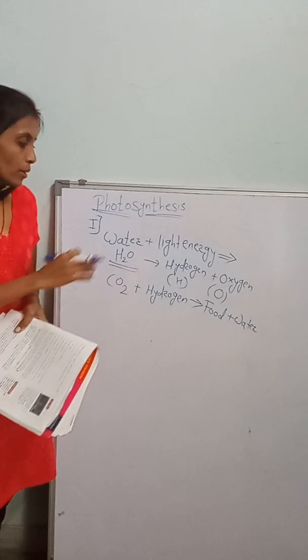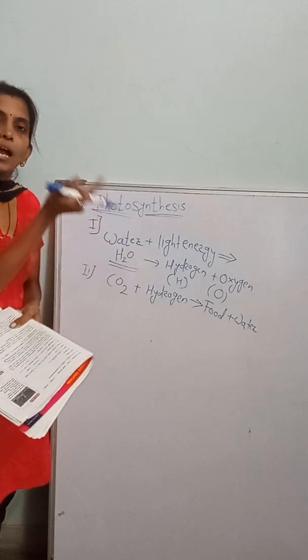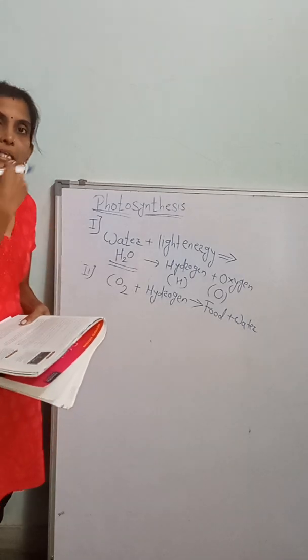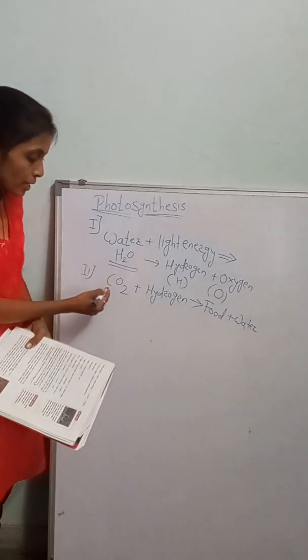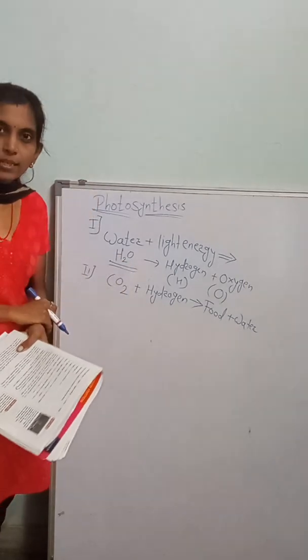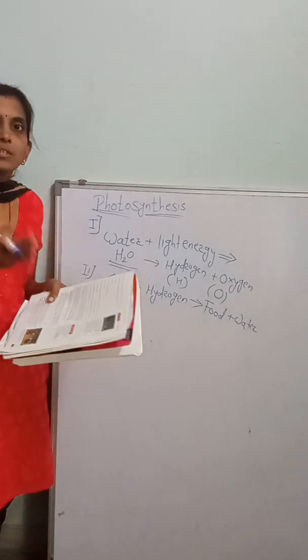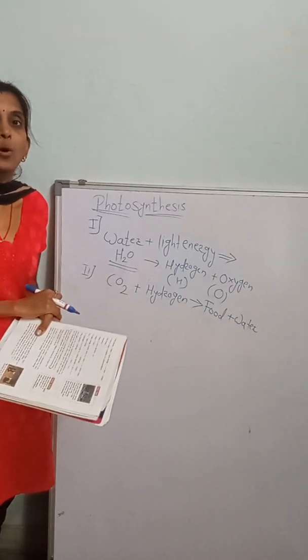In burning and respiration, oxygen is used up and carbon dioxide is released, but this carbon dioxide is used up by photosynthesis.